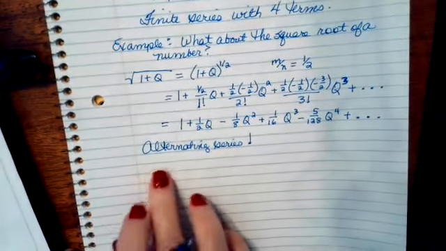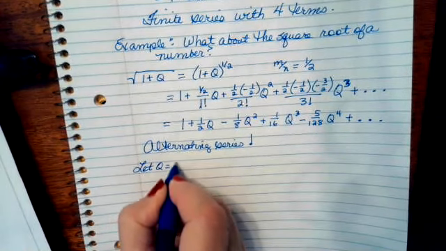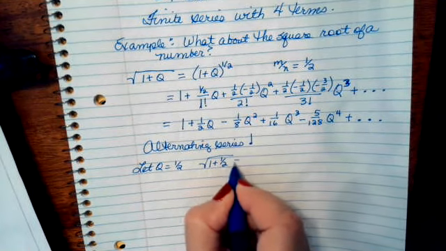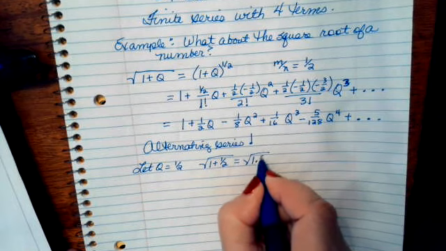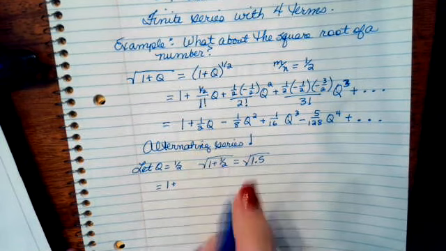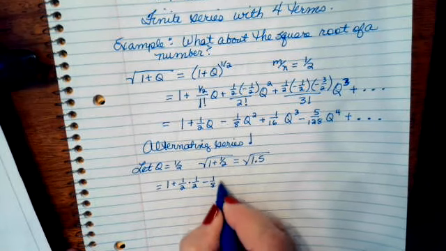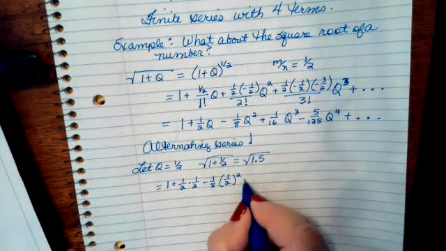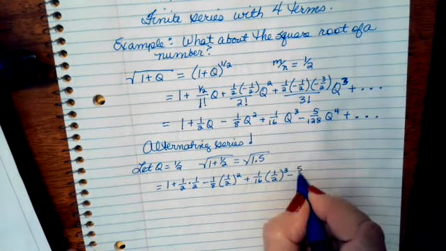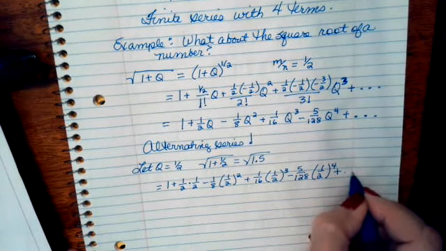All right, well, let's substitute in a number here. Let's let q equal 1/2. And what we're trying to get is the square root of 1 plus 1/2, which is the square root of 1.5. We get 1 plus 1/2 times 1/2 minus 1/8 times 1/2 to the second power plus 1/16 times 1/2 to the third minus 5 over 128 times 1/2 to the fourth plus dot, dot, dot.